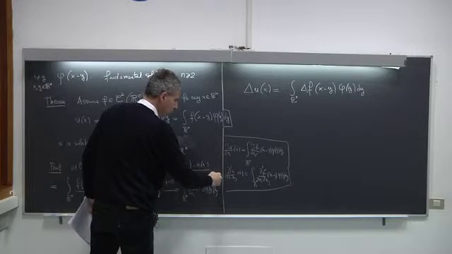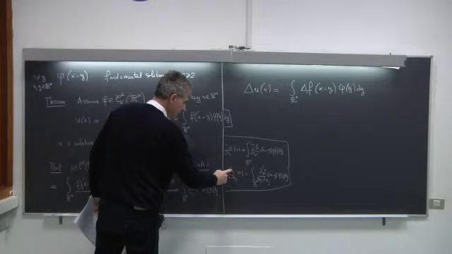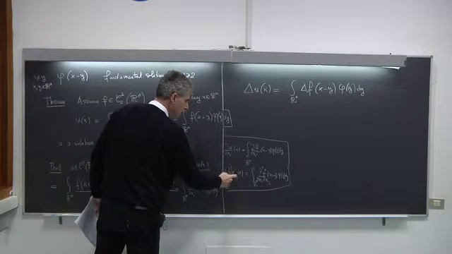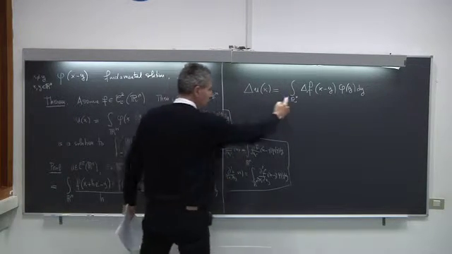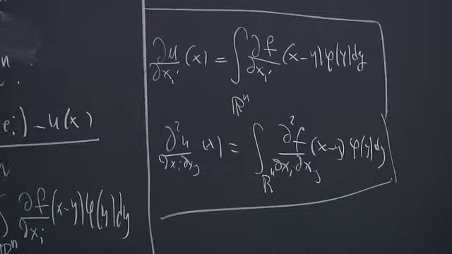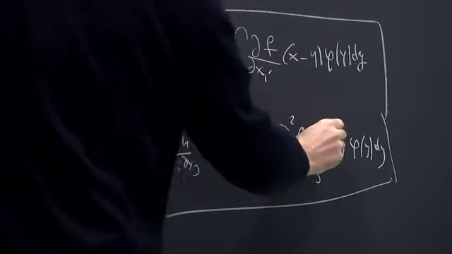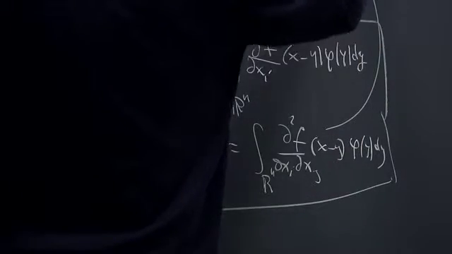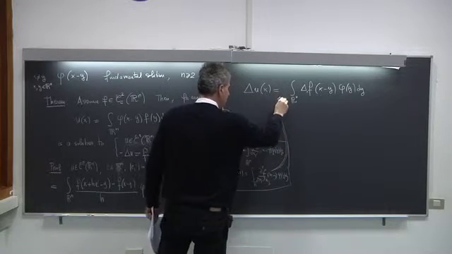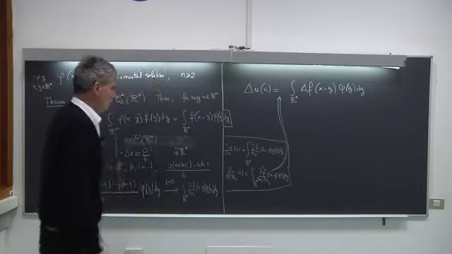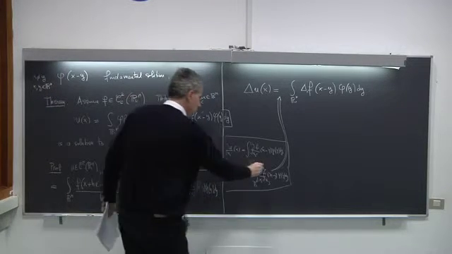If now I take the sum over i equal to j of this expression, I obtain this. Is it okay? This equality implies this.